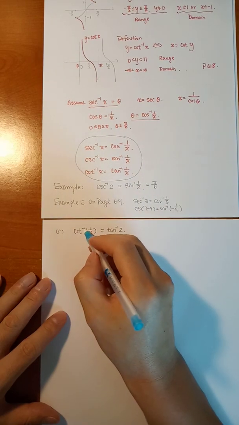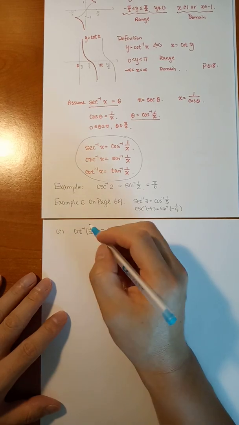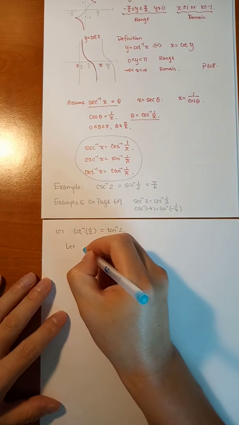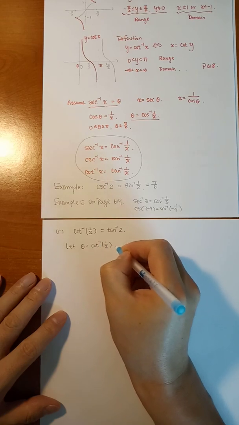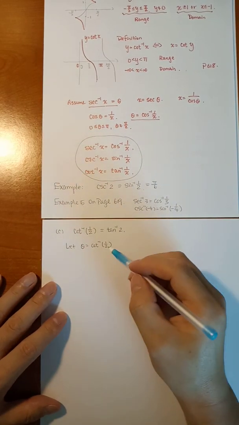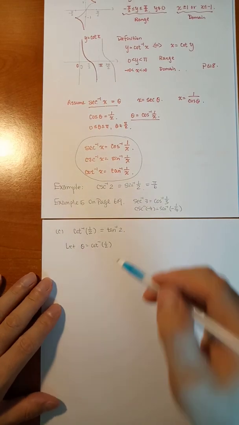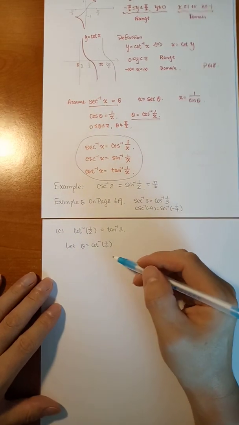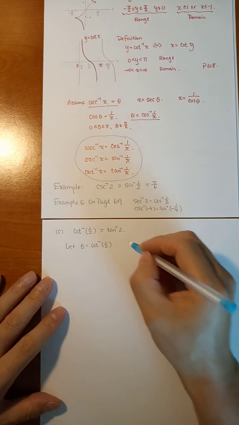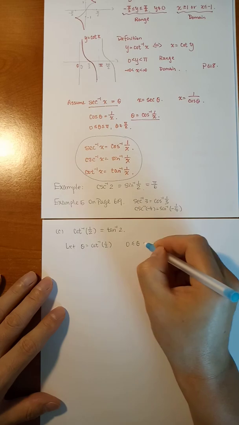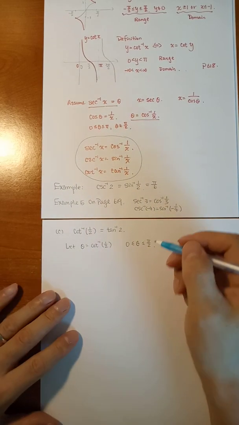Let's transform cotangent inverse of 1/2 to the sine inverse or cosine inverse. So let theta be cotangent inverse of 1/2. Whenever you have a positive input for all 6 inverse trig functions, this angle is always in the first quadrant.